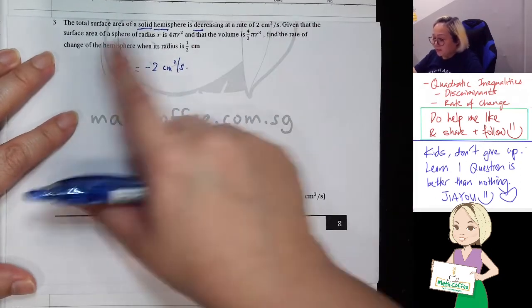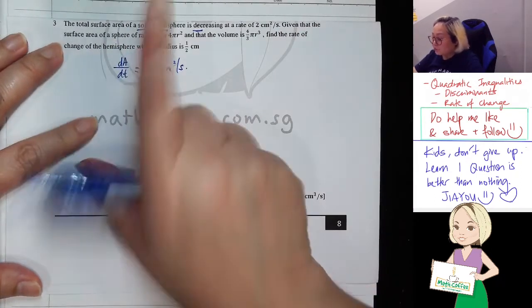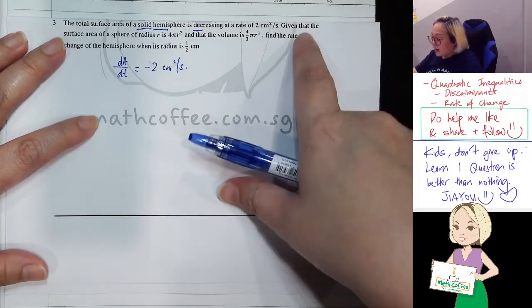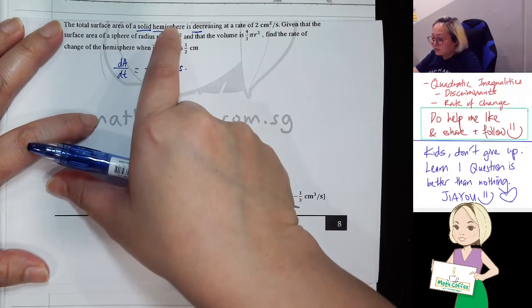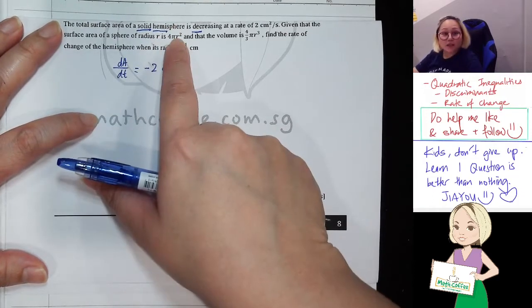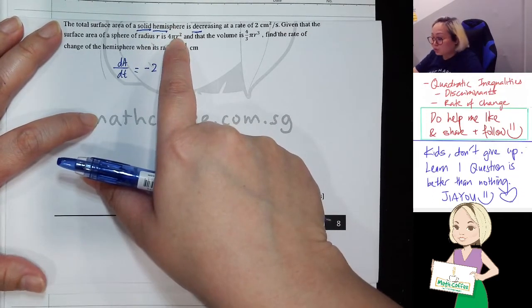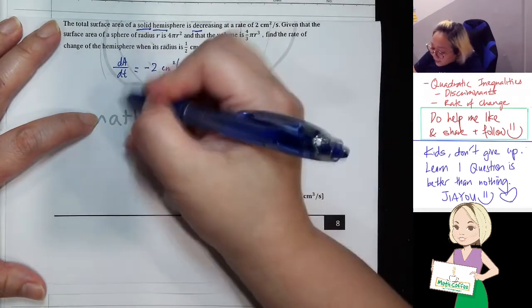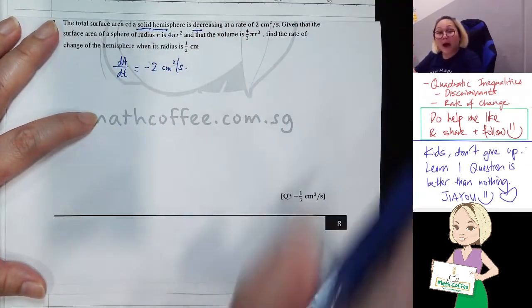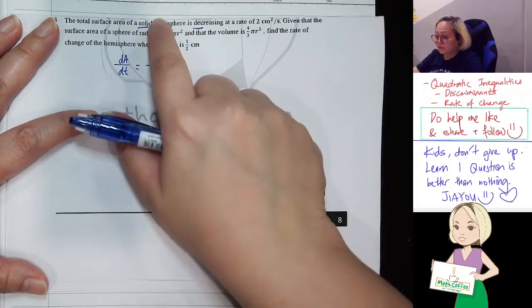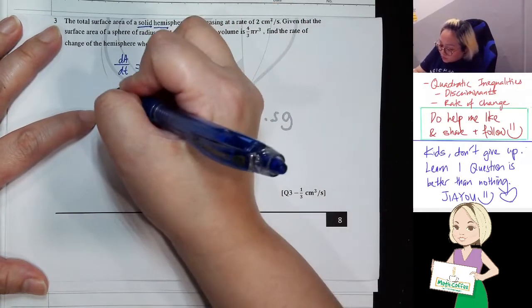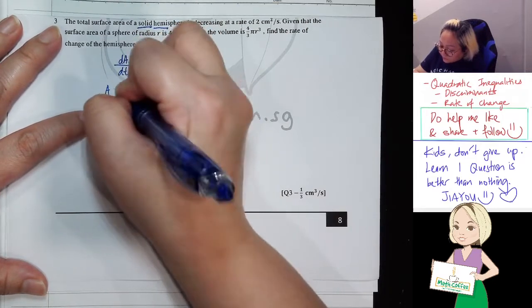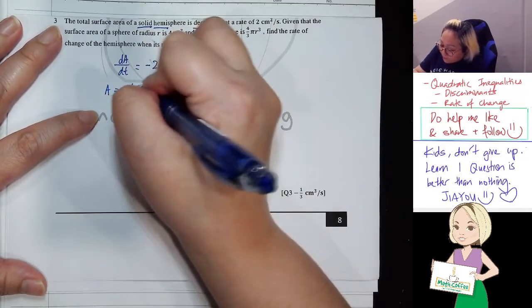Next, given that the surface area of a sphere, this one very tricky, they're very naughty. Why? Because they give you surface area of a sphere. But you see this question is talking about hemisphere. So this is not the formula that you should use. So students, the common mistake is they go, oh, A equals to 4 pi r square lor. But take note, this is a solid hemisphere. This formula is sphere. So what you need to do is, you need to find the area, which is 4 pi r square.